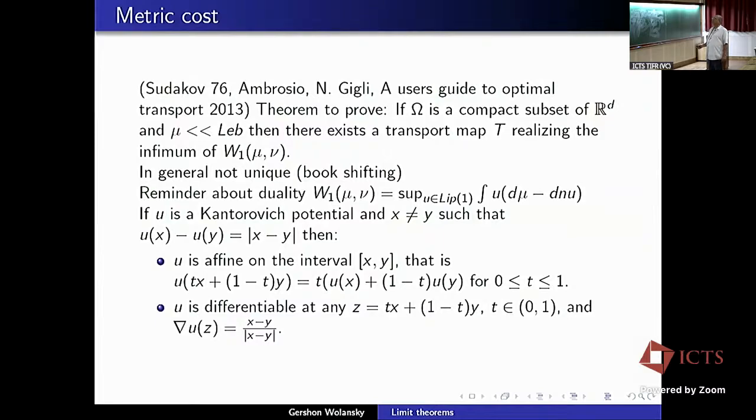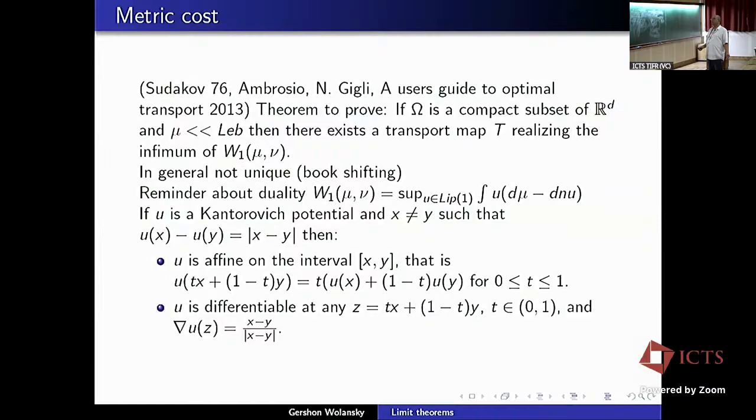I also remind you the duality condition: it is the supremum over all Lipschitz functions with constant 1 which maximizes the integral of u d(mu minus nu), and the Kantorovich potential u which maximizes it exists.